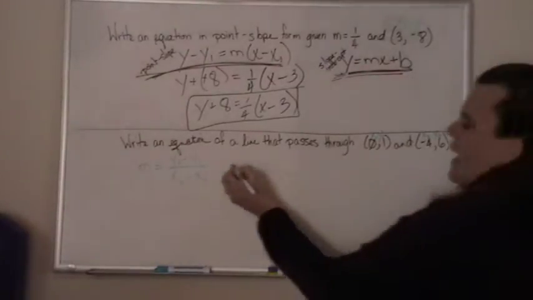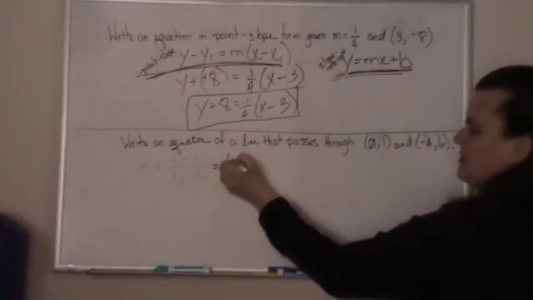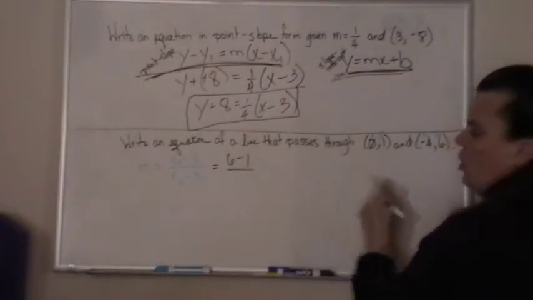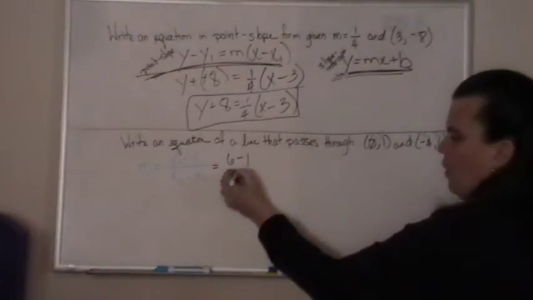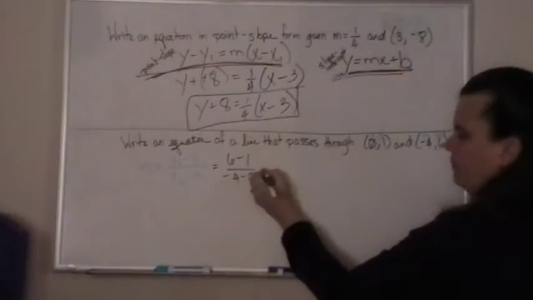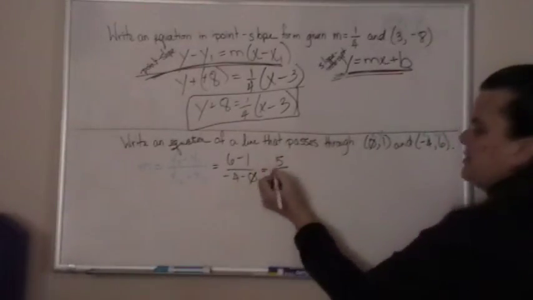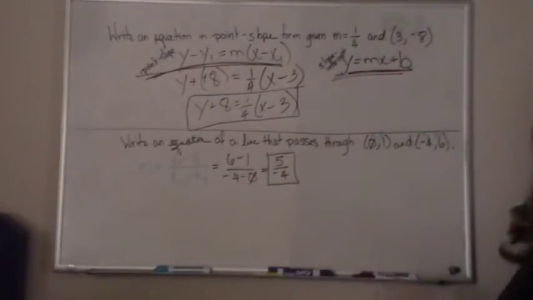So I'm going to go ahead now and plug in. y2 is my 6 minus y1, which is 1, over x2 is negative 4 minus x1 is 0. 6 minus 1 is 5. Negative 4 minus 0 is negative 4. So my slope is 5 over negative 4, or negative 5/4.